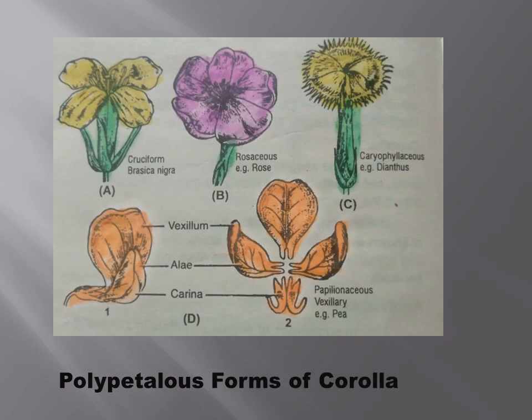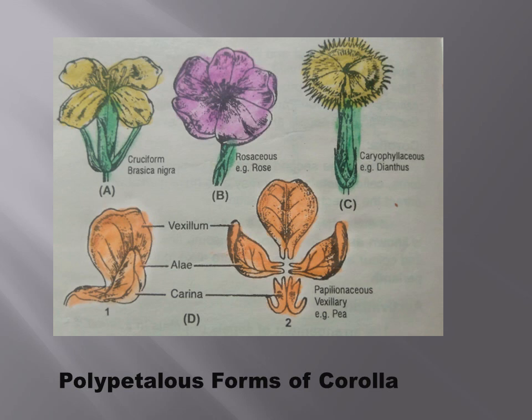In my previous slide I told you that the petals may be polypetalous or gamopetalous. For example, here you can see the polypetalous forms of corolla. A is the cruciform, present in Brassica nigra. B is the rosaceous, present in the rose flower.